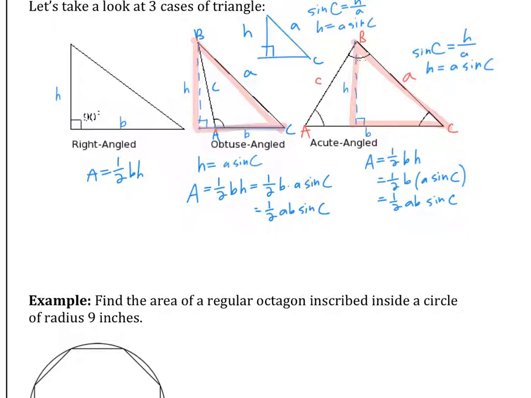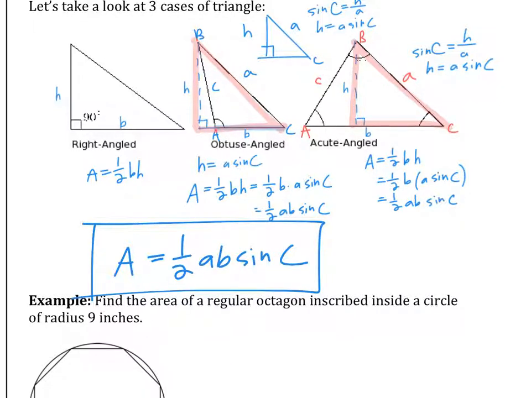So, triangle area: 1/2 AB sine C. This is for any kind of triangle. How are you going to remember that? It is AB sine C. So AB and then sine the angle in between. That would be 1/2 AB sine of the angle in between. That is the area of a triangle.